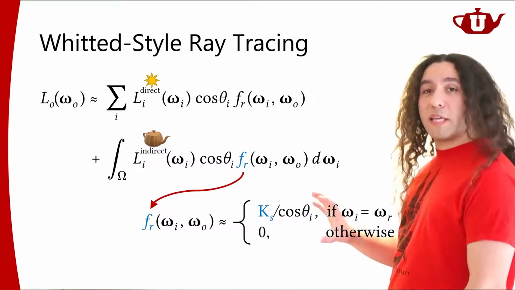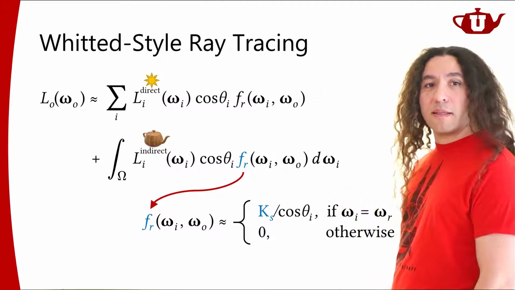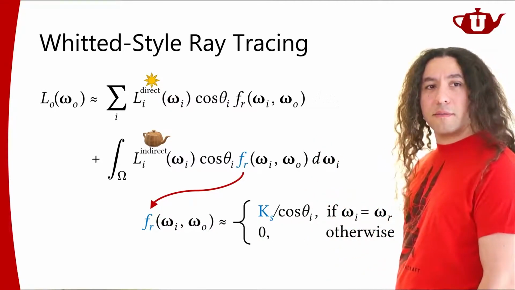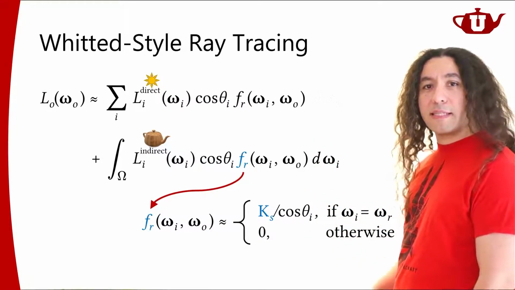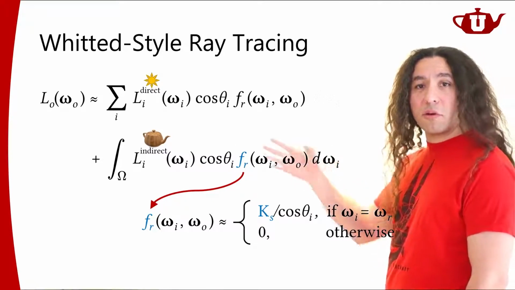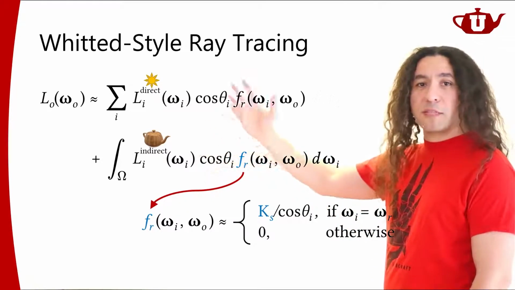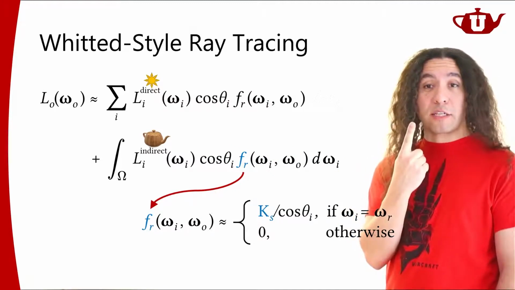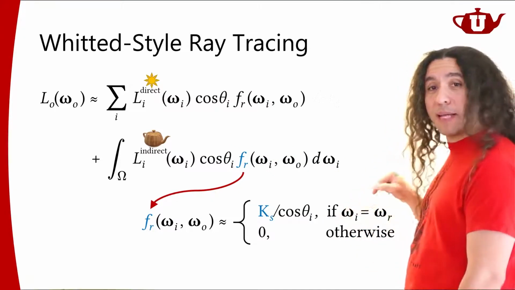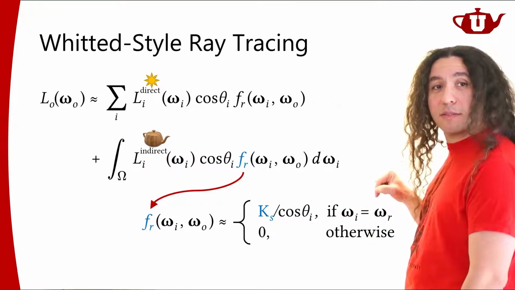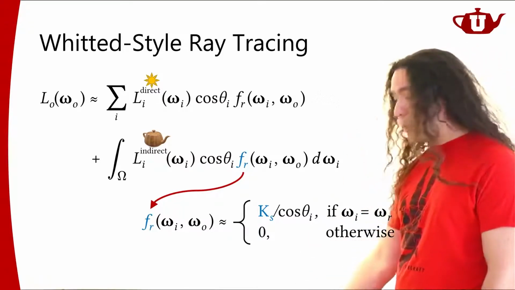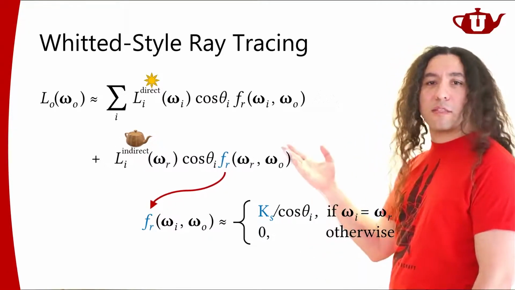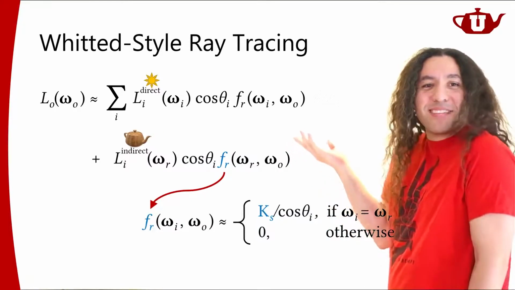So if you just put this equation up here inside here, what happens is that this integral sort of disappears. I'm looking at all possible directions, but only one of those directions will really count. That is the perfect reflection direction. All other directions sort of disappear, so I get rid of this integral, because they don't matter.